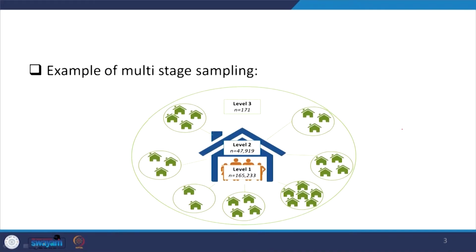Now, one such example of multi-stage sampling employed by NSS, National Sample Survey, is through different levels, level 3, 2 and 1. So, level 3, where I have already discussed, usually the sample size is less, level 2 it is a little higher, and level 1 is even much higher. Now, what do you mean by level 3?